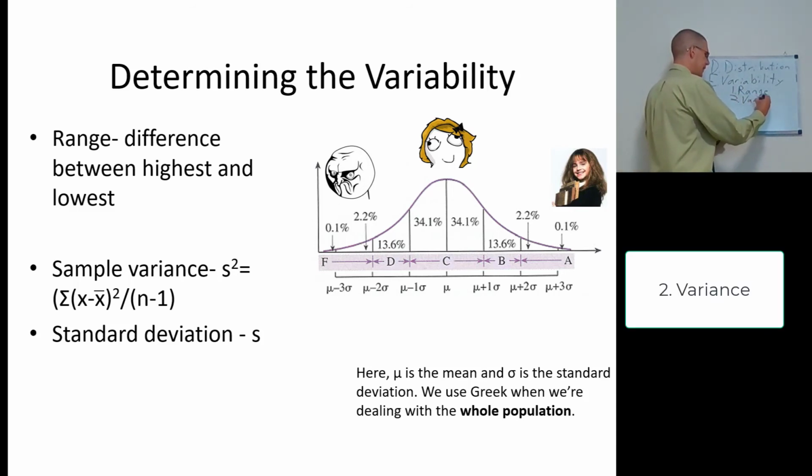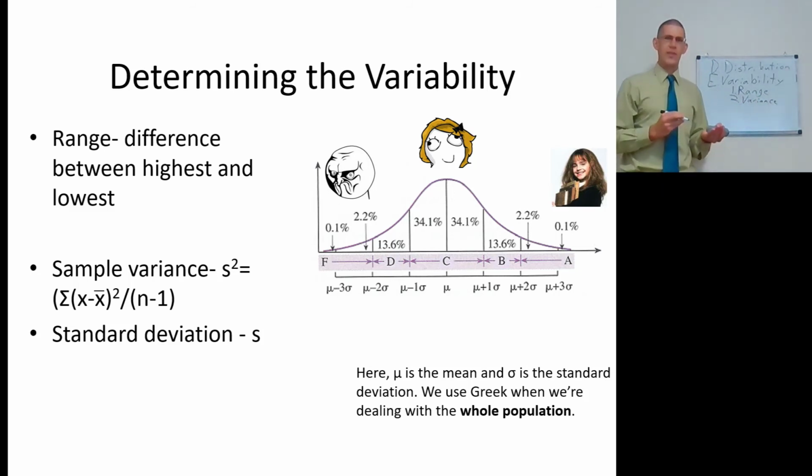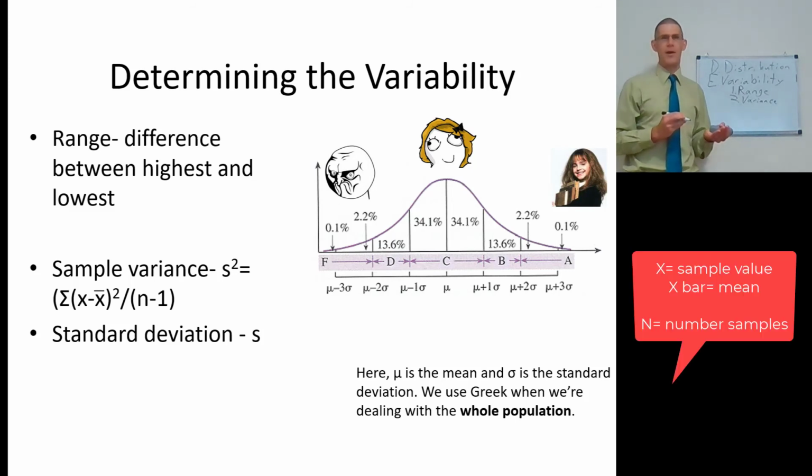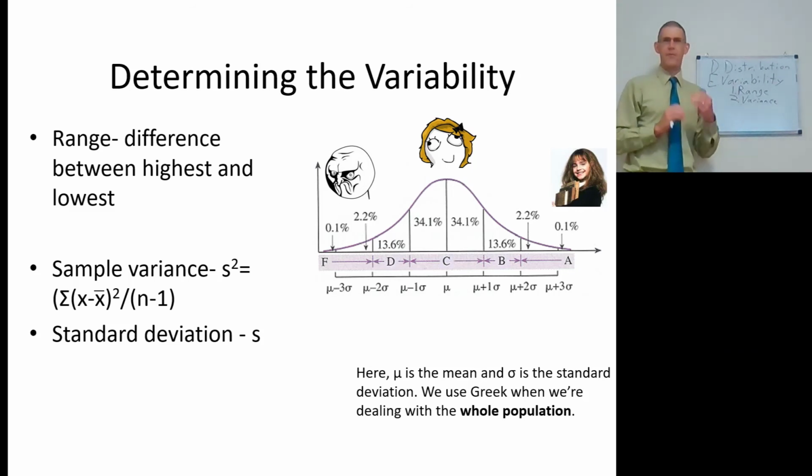I will not be expecting us to use that calculation in general, but what we're seeing is you see that x minus x bar is each sample's difference from the mean. So you take the sum of each sample's difference from the mean. So one sample is 9, the mean is 8, you have 1. One sample is 7, you have a mean of 8, you have 1.